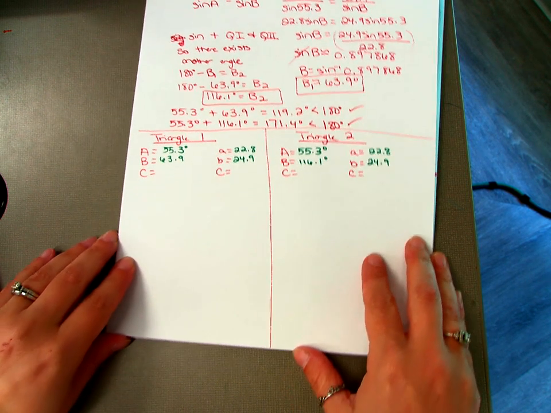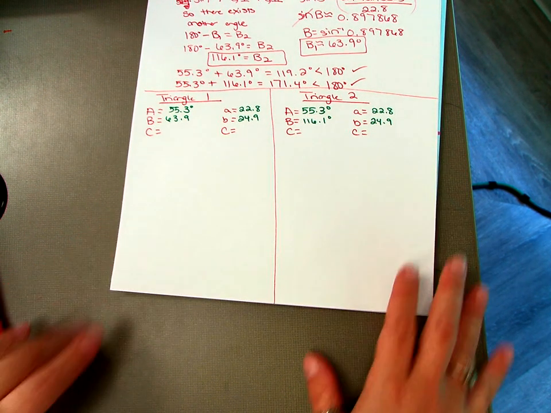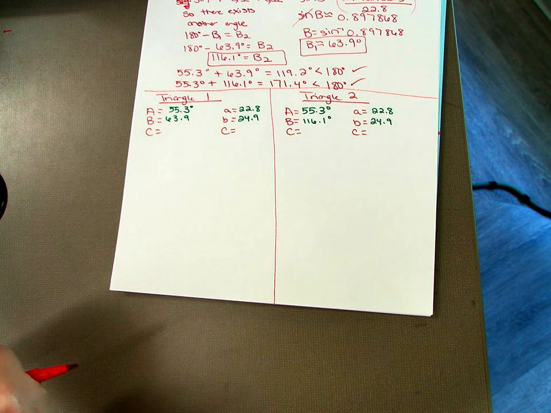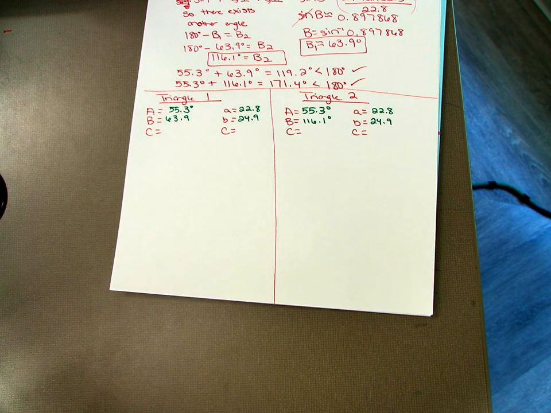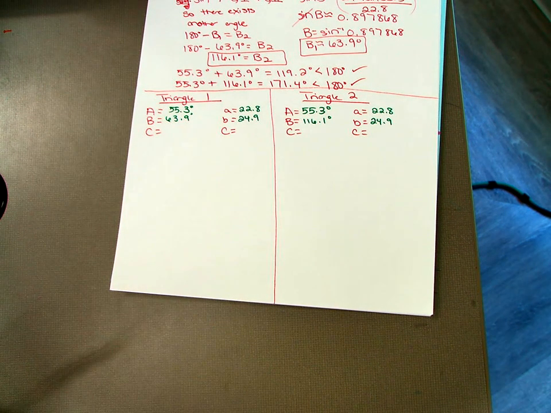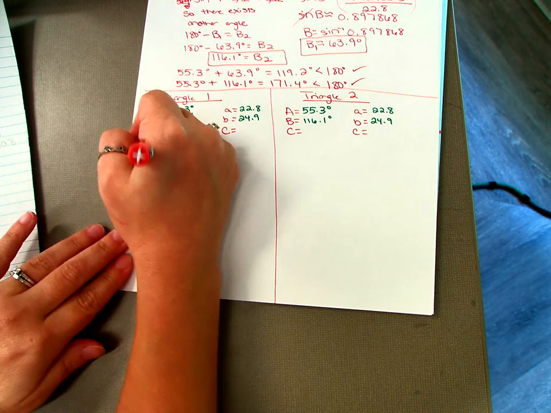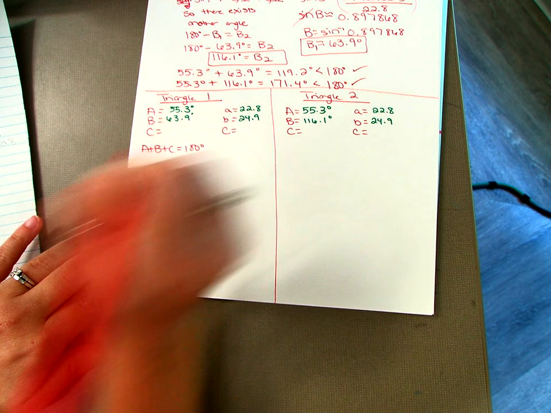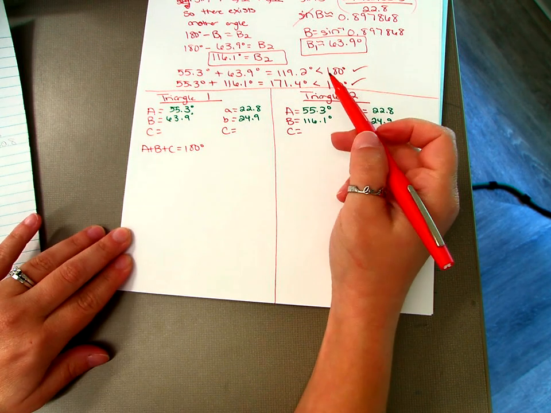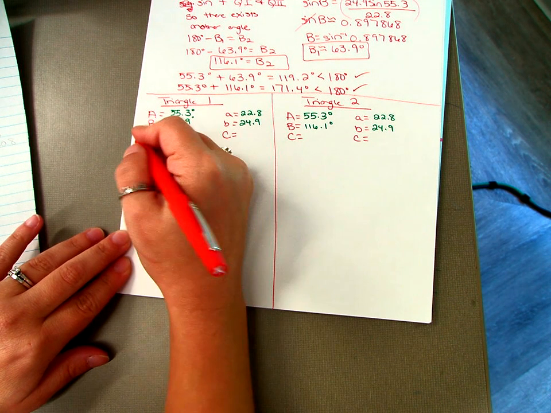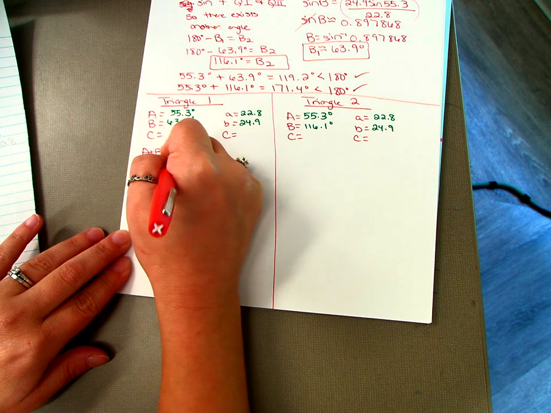What do you think is going to be easiest to find first, the angle or the side? Yeah, the angle. The angle is going to be easiest because we know that angle A, B, and C have to all add up together to be 180 degrees. And we actually, up here, when we tested our theory, we did angle A and angle B to give us 119.2 degrees, plus C would be 180.